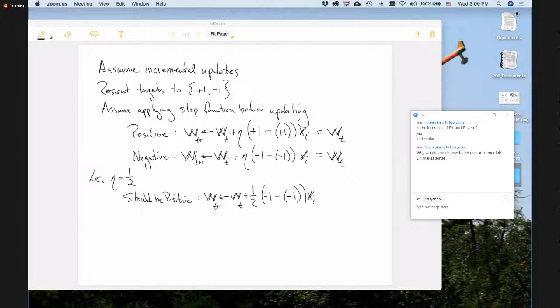And when we do that, lo and behold, this becomes the perceptron update rule of just adding the example.